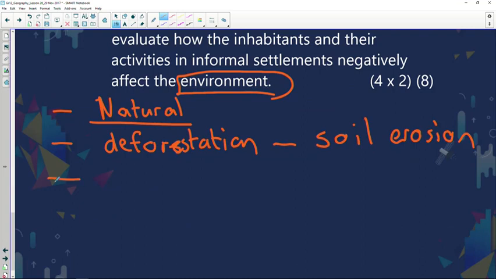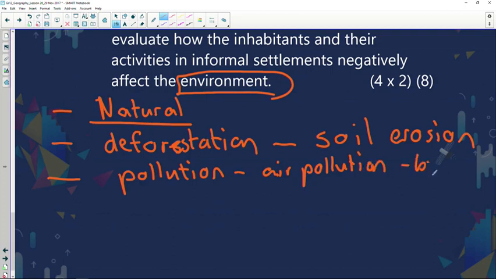A second negative effect on the environment will be pollution. In this case, air pollution, because how do they keep themselves warm during cold winter months? They burn firewood. So air pollution, burning of firewood.